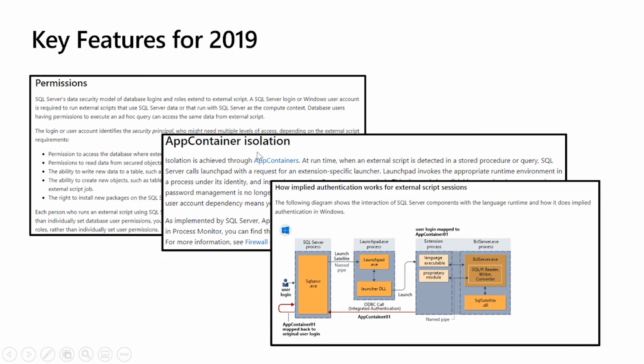We also achieve isolation through app containers so that you can actually use your extension-specific launcher the same way that you would normally in SQL Server. And then implied authentication will also work for that external language script, and here's the architecture for that here below.